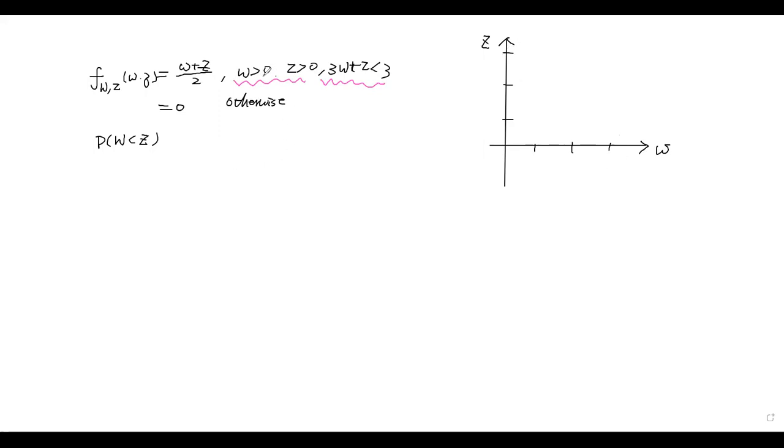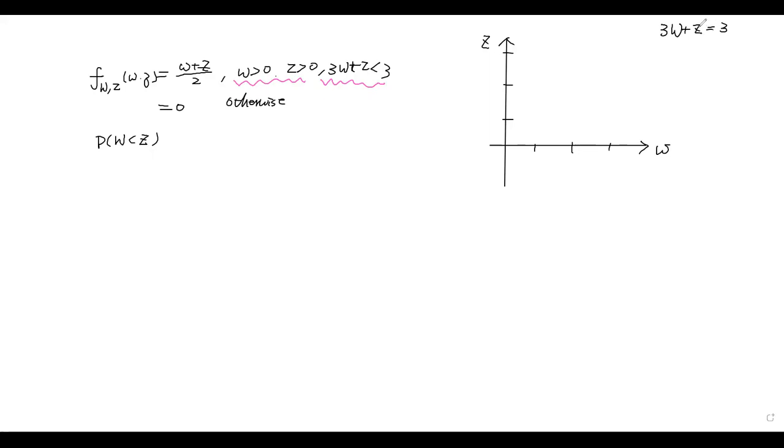If you look at the first two conditions, W greater than 0 and Z greater than 0, that means the first quadrant. The next condition is 3W plus Z less than 3. To handle this, we first set it equal: 3W plus Z equals 3.